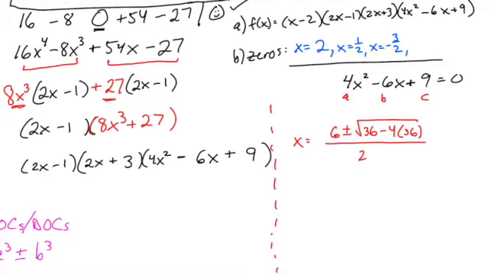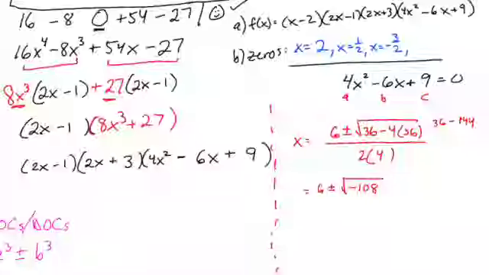For whatever reason, I always do the AC part and then multiply by 4, all over 2a, so all over 2 times 4. So now let's get simplifying this. This is 6 plus or minus the square root of. On the inside there, that's 36 minus 4 times 36 is 144, and 36 minus 144 is negative 108. And it's all divided by 2 times 4, which is 8.